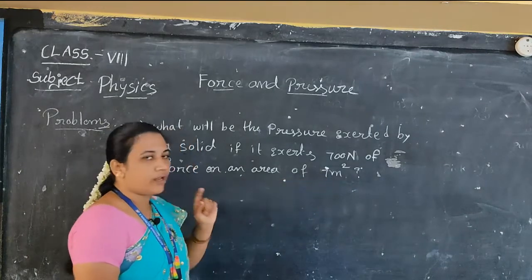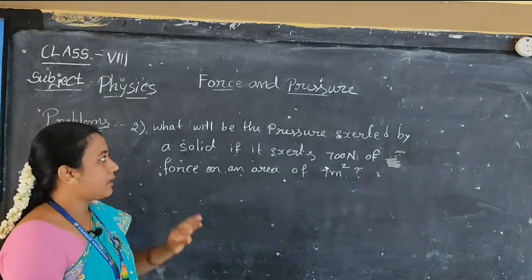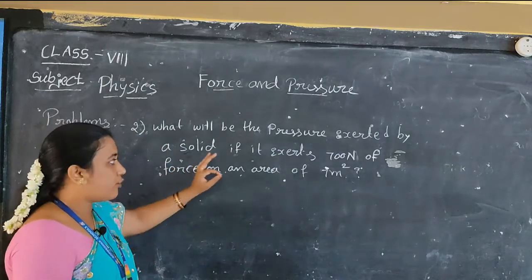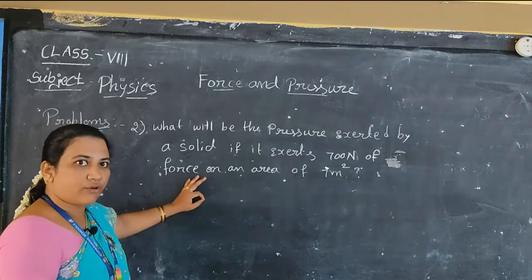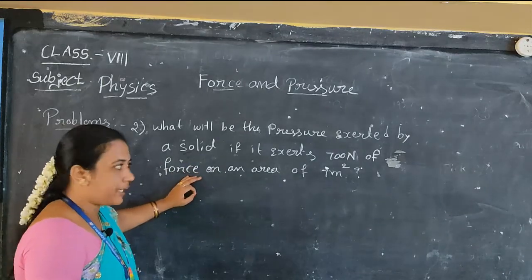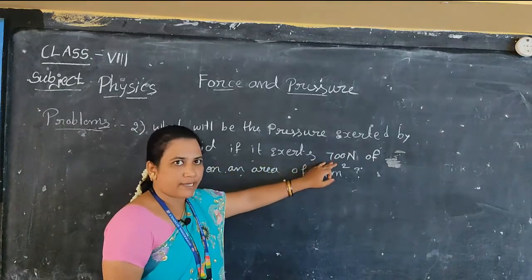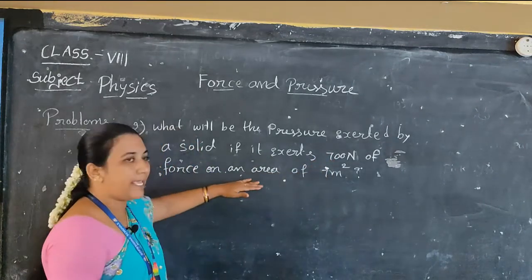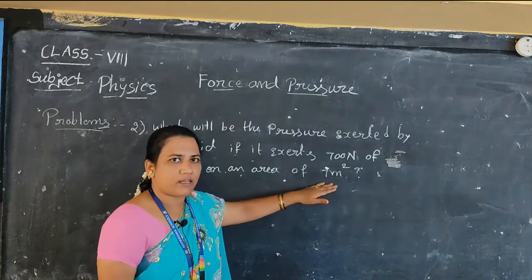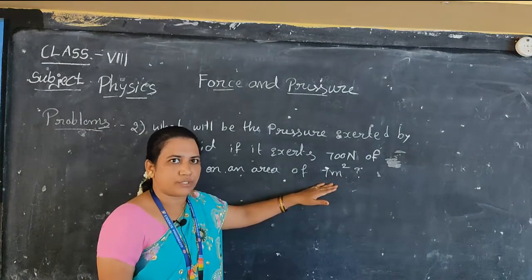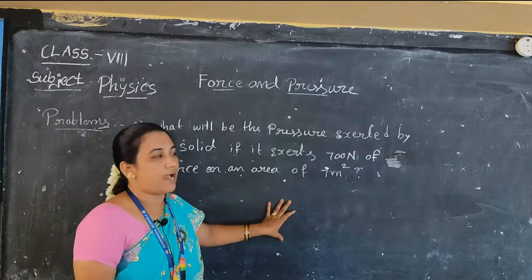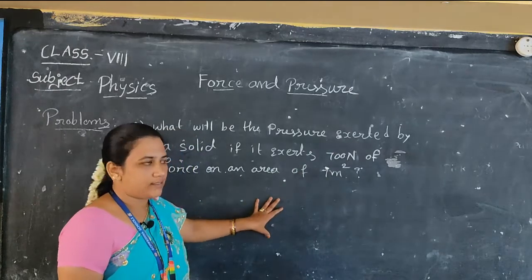First of all, remember the units given for force and area. Force units should be newtons. 700 newtons is given, so no need to change it. Area is given in meter square, so no need to change. Directly we introduce these values into the formula and we will get the answer.